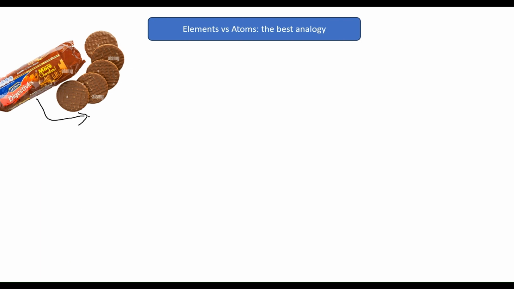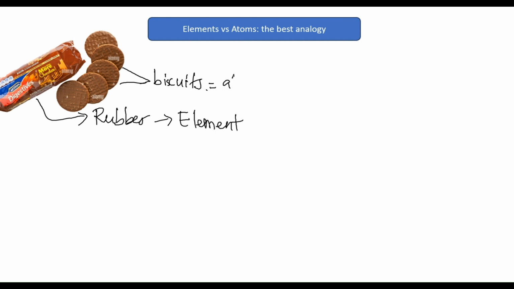One thing we talked about was the biscuit rubber, and then there are the biscuits themselves. In my analogy, see the biscuit rubber as the element, and the individual components inside that rubber as atoms.